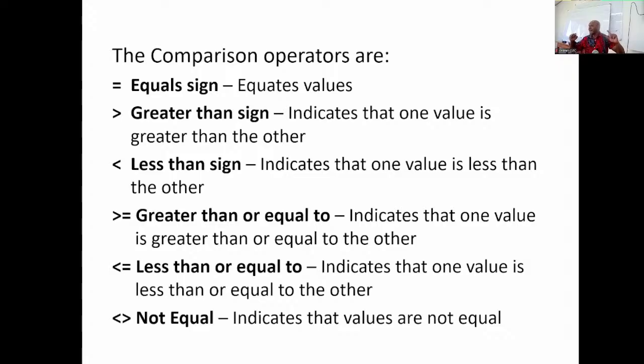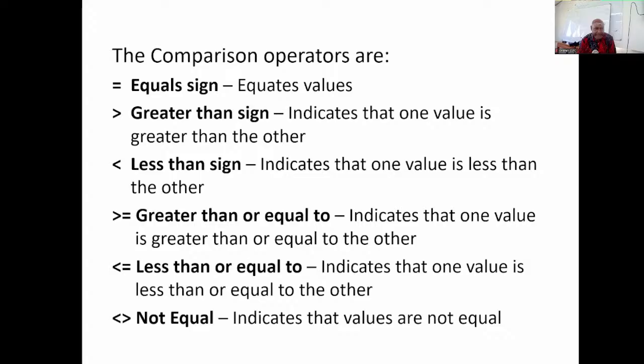You with me? Computer programmers, I don't know why they have to do that. So in Excel, if you're building a formula, you put in equals first, and then the values and operators to get the answer.